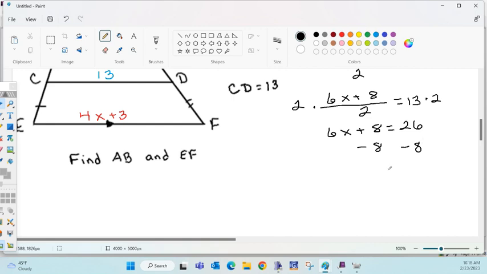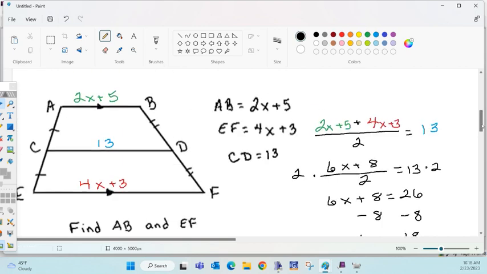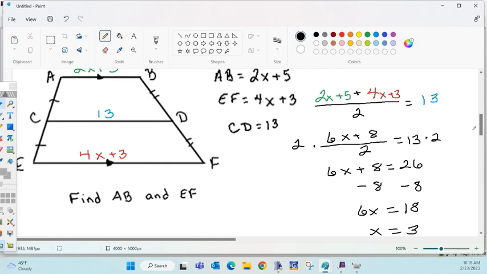All right, so this one, you know to do that. 26 minus 8 is how much? 18. 6x equals 18, so x equals 3. Since x equals 3, if we need to find AB and EF, we need to do what? Substitute.